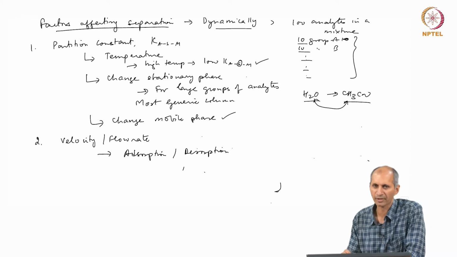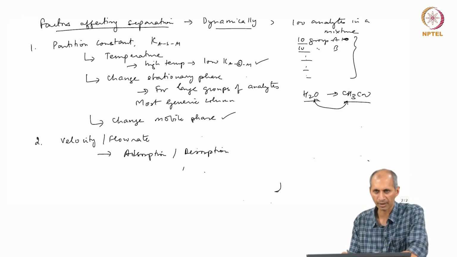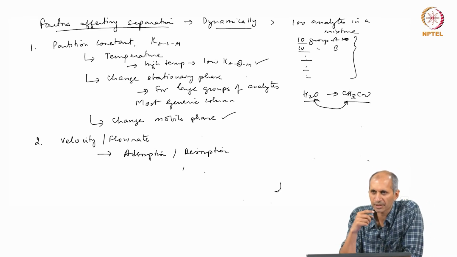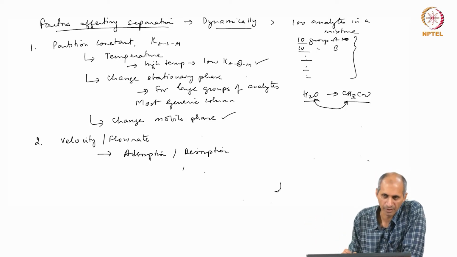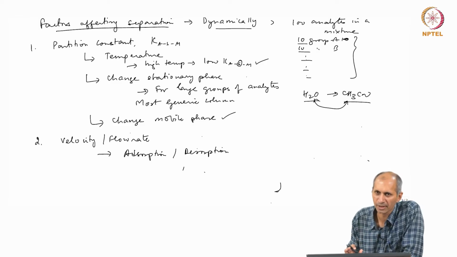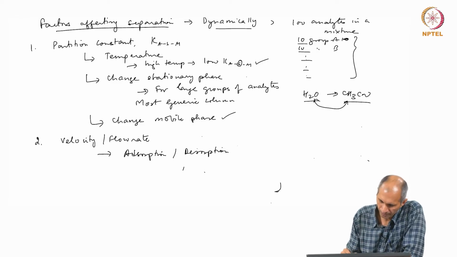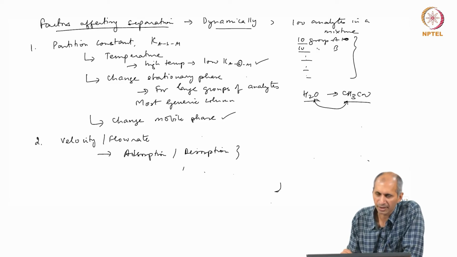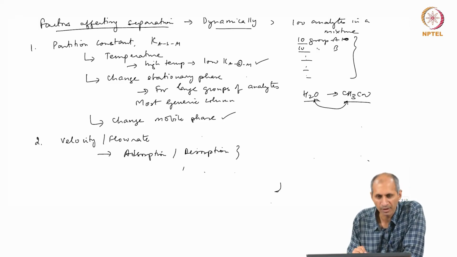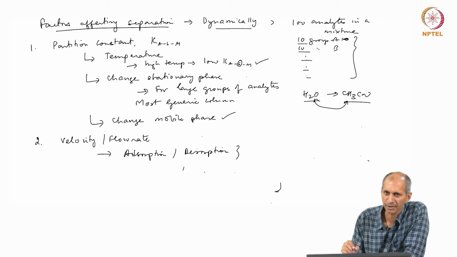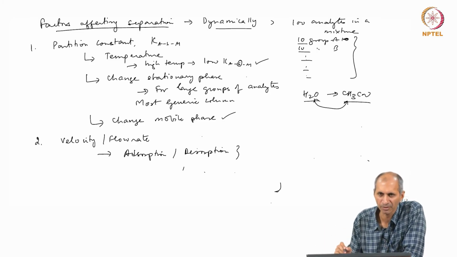Chromatography is a series of adsorption and desorption cycles, and the overall separation in a given system is influenced by these parameters. The rate of adsorption and desorption depends on what is called the mass transfer coefficient. We will talk about it later.